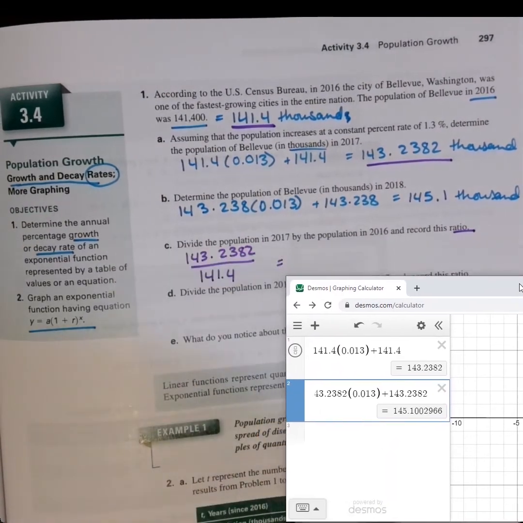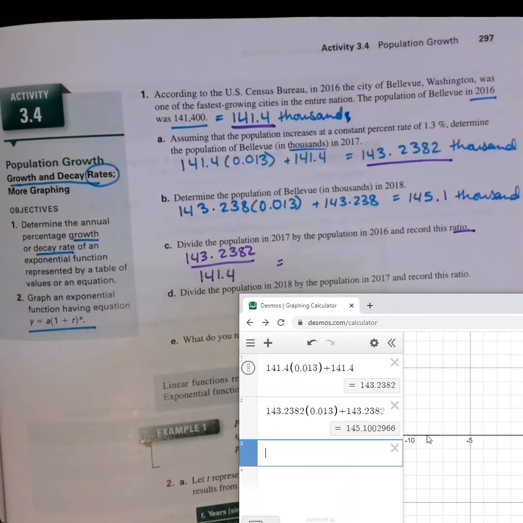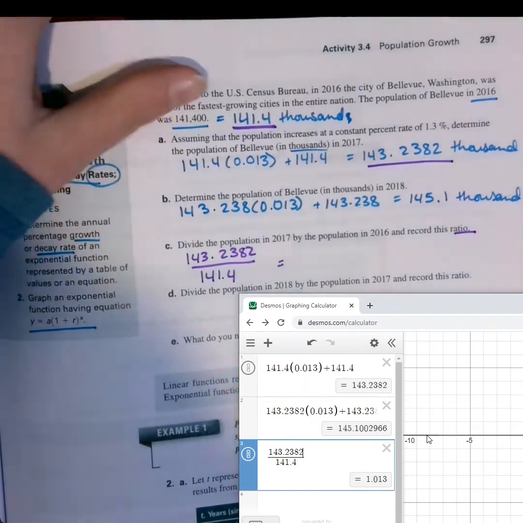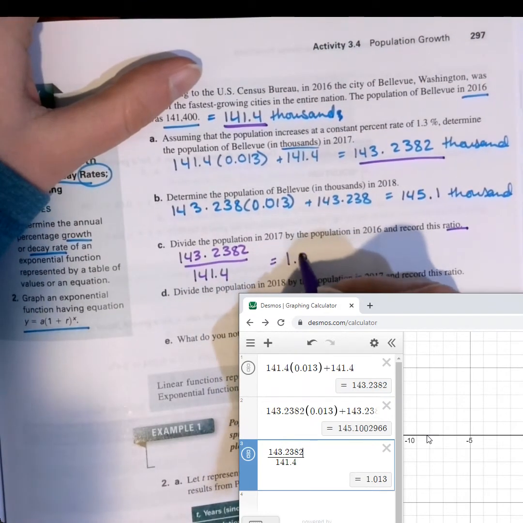Sorry, my decimals are in the way, but I want to keep it up here because I need to use it. 143.2382 divided by 141.4. I mistyped that number on top. There we go. Okay, so this ratio comes out as 1.013.